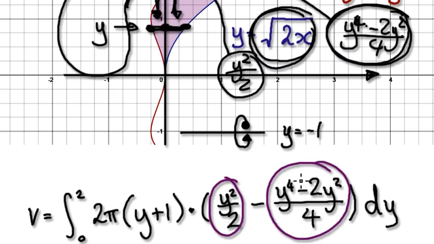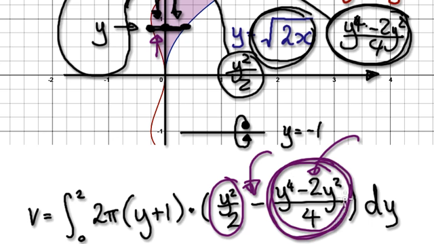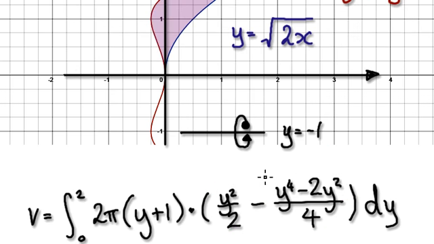The reason it is a take away is because when you're here, this thing here will be a negative number. This whole bubble here will be a negative, and then you've got a negative take away a negative, so it becomes a positive. It's kind of confusing, but this here is a negative.